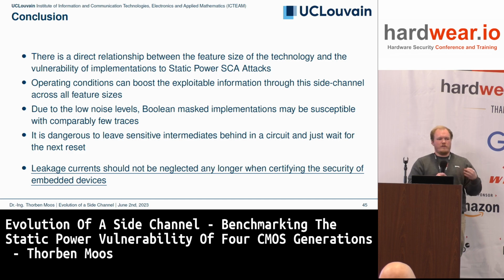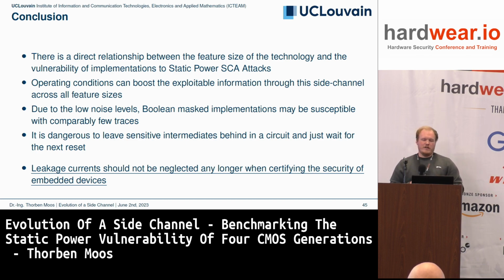If my coprocessor finishes, I probably should reset it immediately instead of waiting for the next use and resetting it directly before the next use, so that everything is flushed or swiped out of the implementation so that no attacker can actually use it. Then I only need to make sure that the adversary cannot control the clock signal, and then I should be fine against this type of attack if no more sophisticated means come into play.